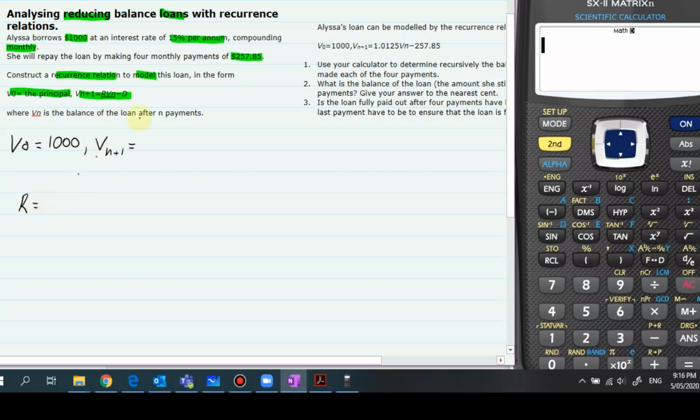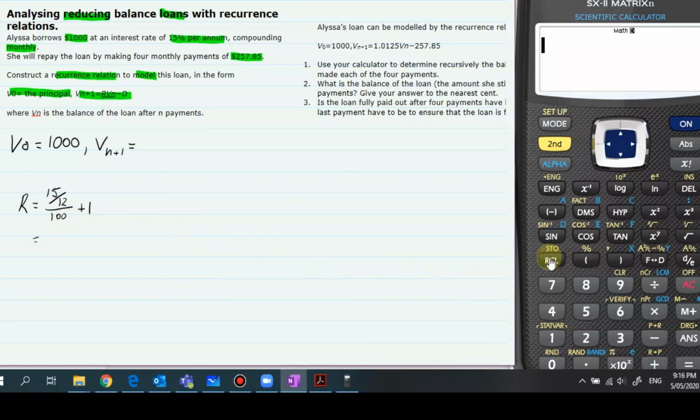The R is 15%, but that's divided by 12 because it's compounding monthly, all divided by 100, and we would add a 1 to that.